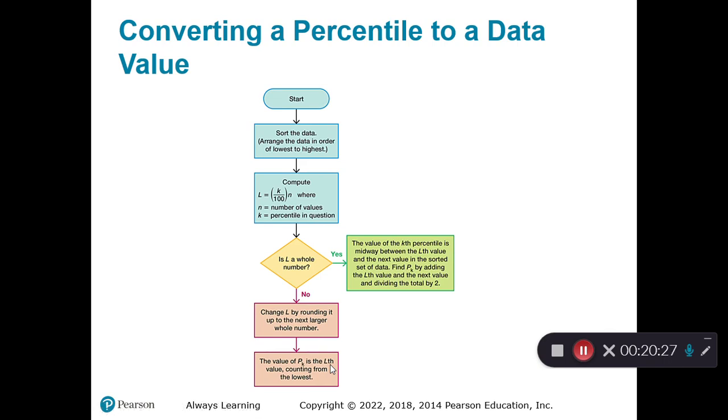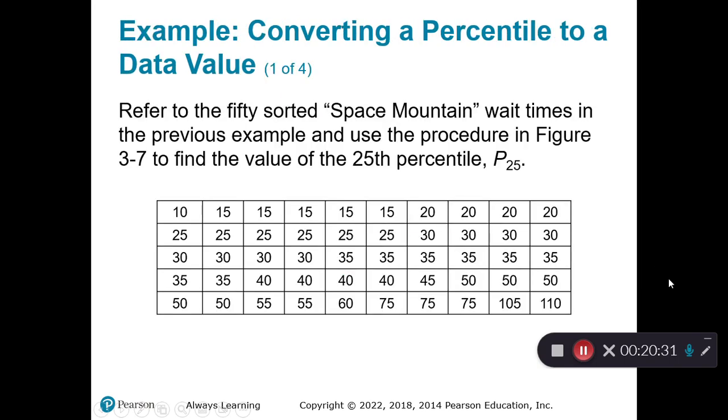All right. It's always better to look at concrete examples, so let's take a look at one here. Here are 50 wait times. Same example as we saw in the previous slides, looking at the Space Mountain ride in Disney World. And we're asked to find the 25th percentile. Notice that this is a different question than what we saw previously.